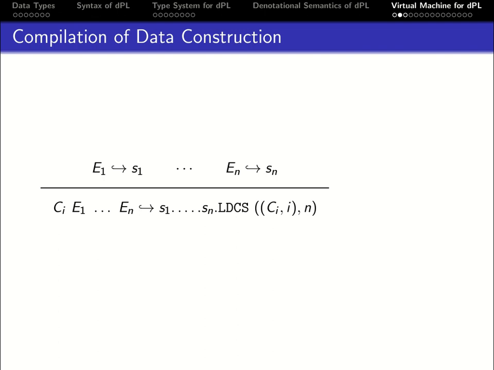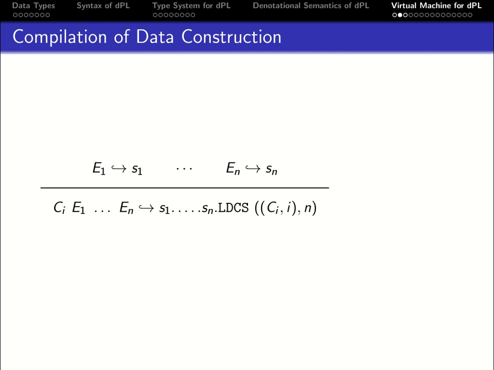So now, assuming that E1 translates into S1 and En translates into Sn, the constructed expression Ci E1 up to En translates into S1 up to Sn, so we enumerate all these translations, followed by LDCS of Ci, I, and n.